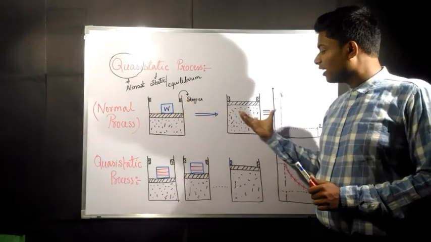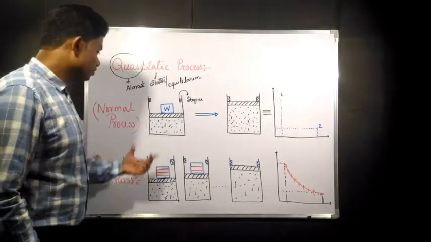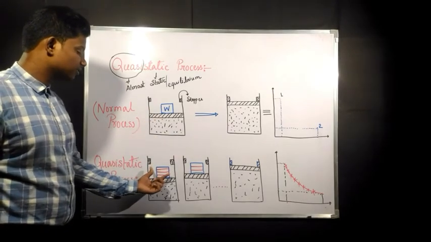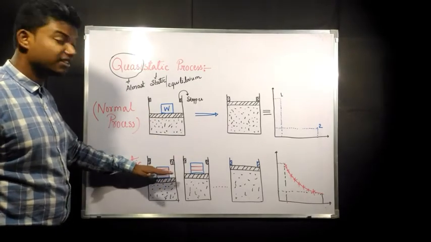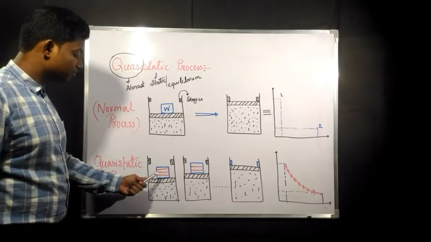Now the same thing happens in the quasi-static process, but here what we do, we have also taken the same block of weight W, but now we have divided this block into a number of parts. Okay, now in this, what happens?